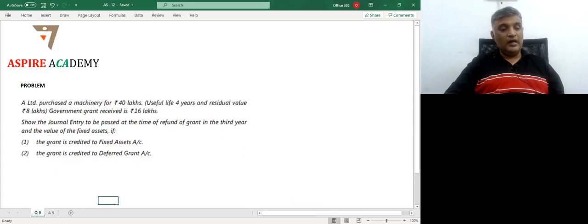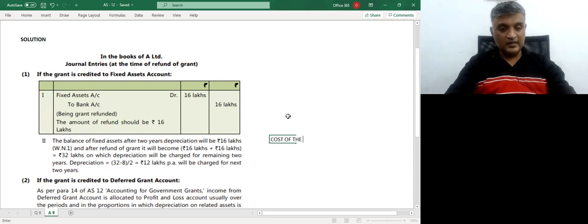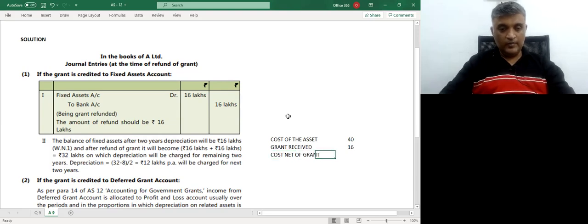How did we arrive at that? Let's do a small working here for the sake of clarity. My cost of the asset was 40 lakhs. Grant received was 16 lakhs. So cost net of grant will be 24 lakhs. Residual value 8 lakhs. So what is the depreciable amount? 16 lakhs.